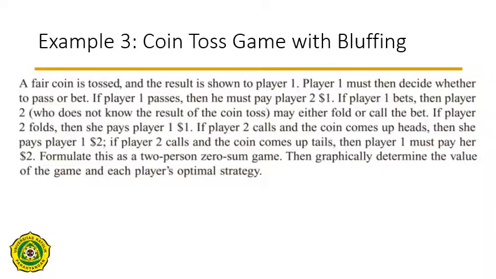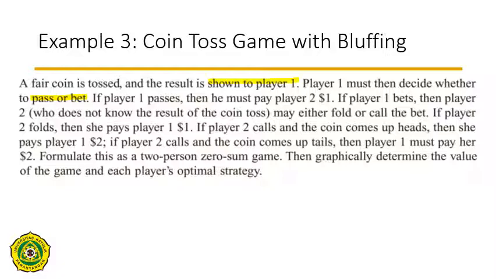Let's see an example. In this game, a fair coin is tossed and the result is shown to player 1. Player 1 must then decide whether to pass or bet. If player 1 passes, then he must pay player 2 directly. So player 1 passes and then he just loses the game and pays player 2 $1.